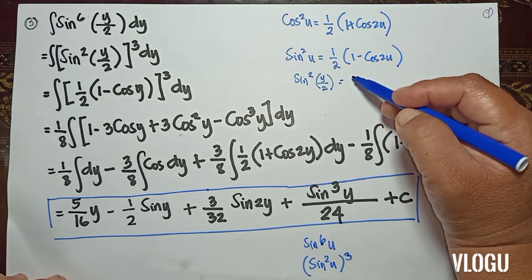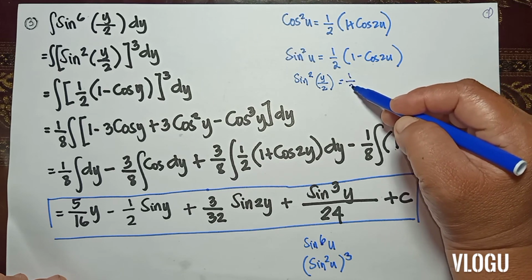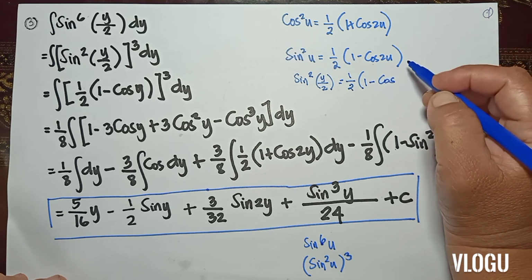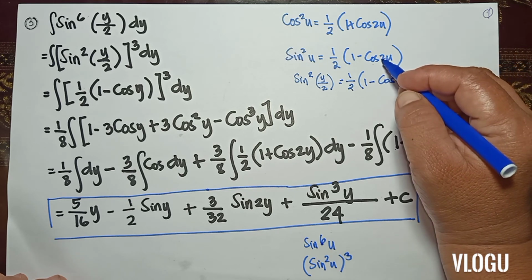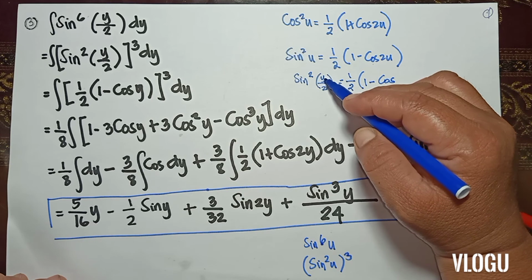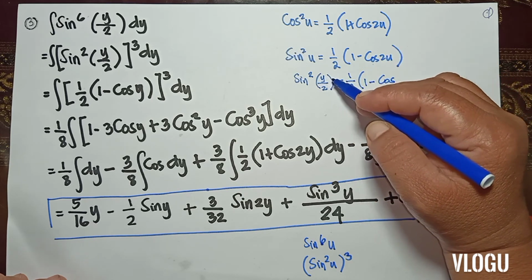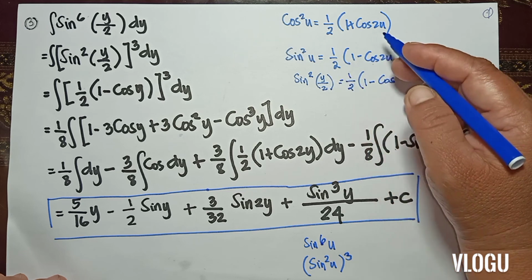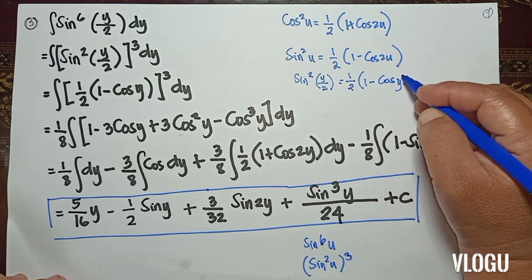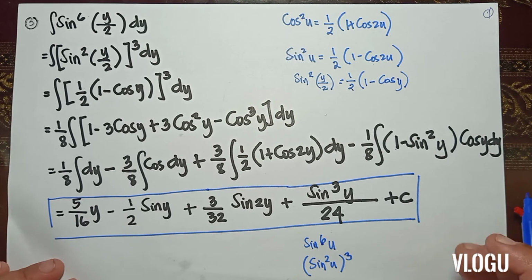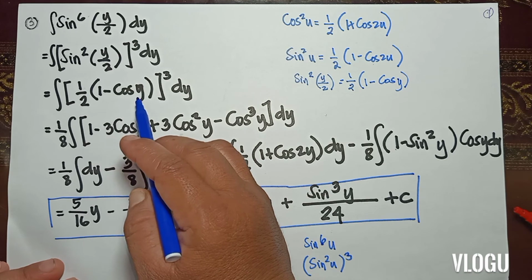So that will be transformed into 1/2 (1 minus cosine 2u). What is our u? y over 2. 2 times y, that is 2y, divided by 2, so the u will have y only. That's the reason our transformation is equal to 1 minus cosine y.